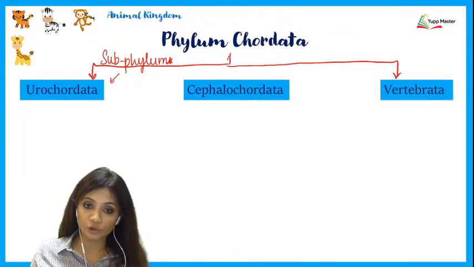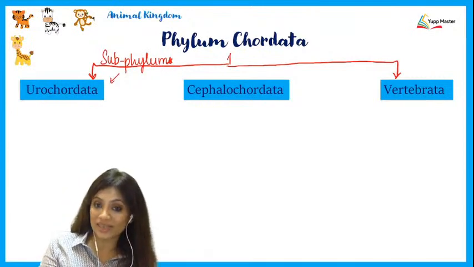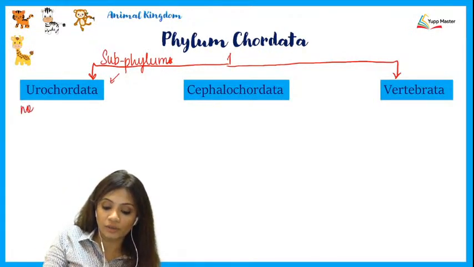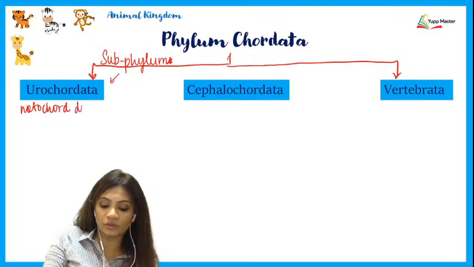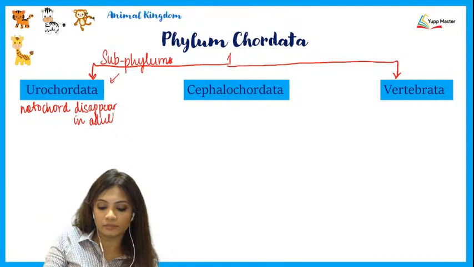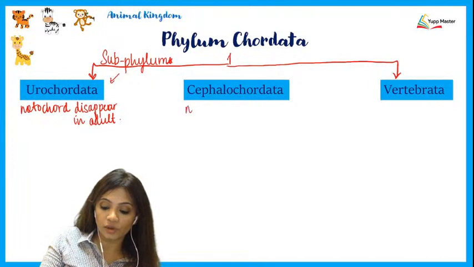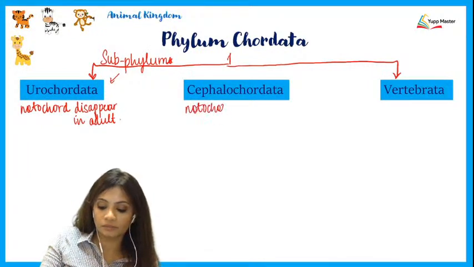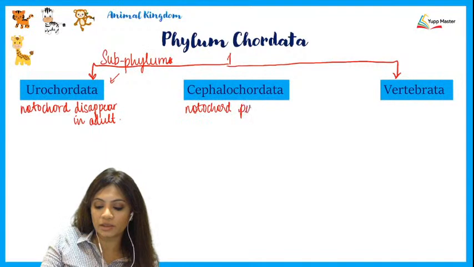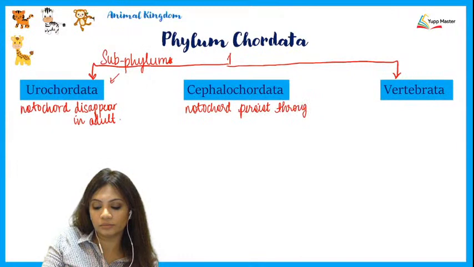When we talk about the Urochordata, these are animals where the notochord disappears. When will it disappear? In the adult. When we talk about the Cephalochordata, here the notochord persists throughout life.